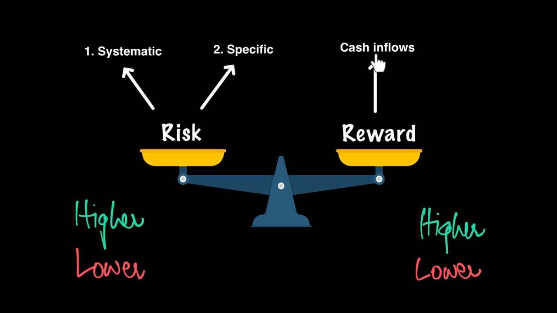You get your customers to pay you, that becomes your revenue, and the revenue becomes profit, and that's the reward that you want for the risk that you're taking. So the right balance between the two is something that is determined by the company based on their objectives. And once you have the right balance, when you have used all the right tools in the investment appraisal, only then can you decide if you want to go ahead with a certain investment or not.